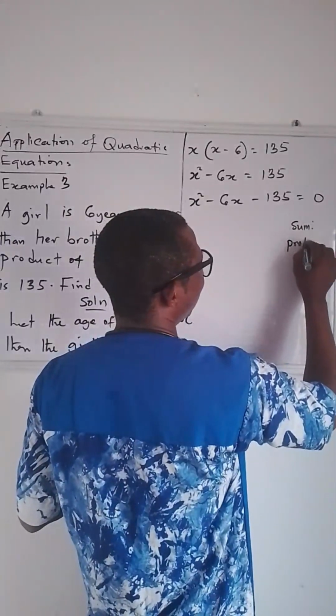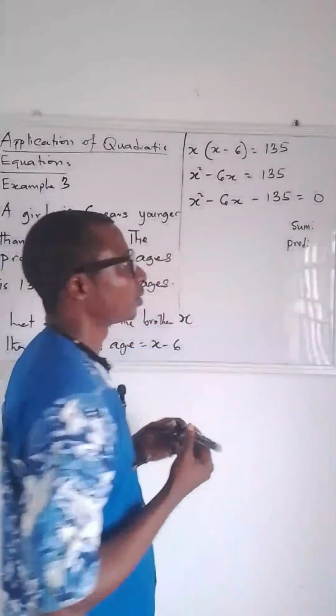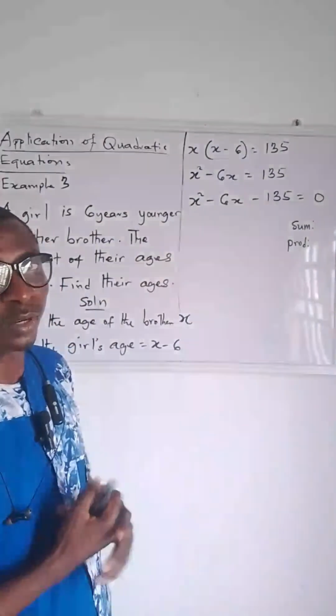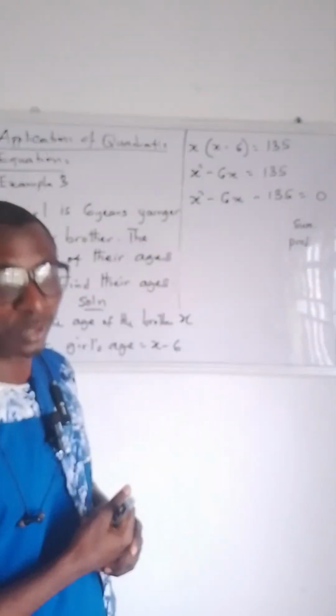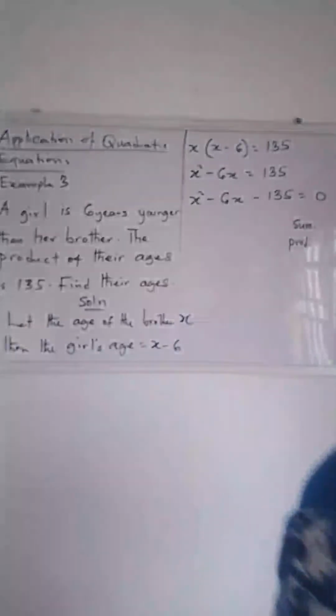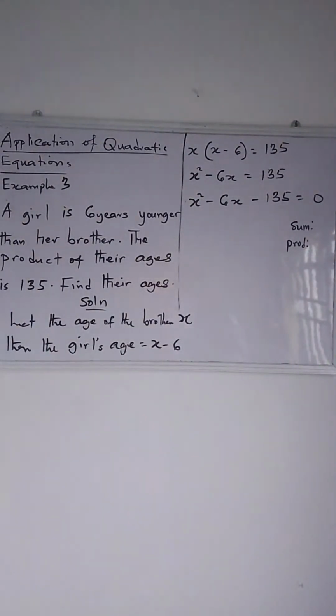So what's going to be our product? What's the product? I need you to drop the answer. What is the product and what is the sum?